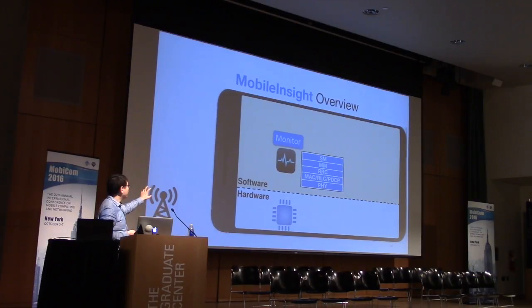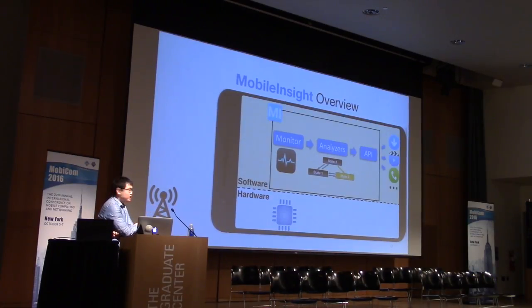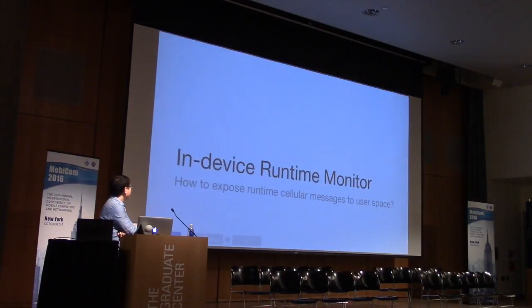They carry fine-grained information, including the states and parameters. With this information, MobileInsight researchers can leverage it to have a more accurate understanding of the cellular operations, and developers can use it to build new applications. So we next introduce each component.